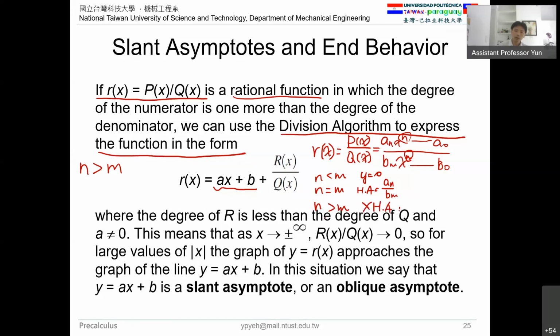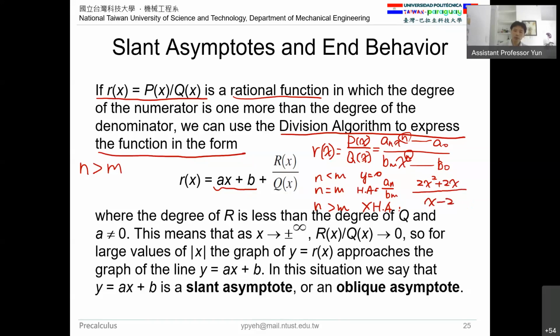But in this case, since the degree of the numerator is larger than m, you can see, for example, 2x squared divided by x plus 2.